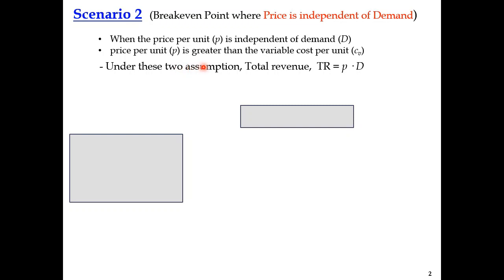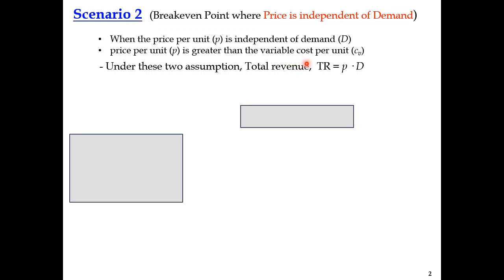And of course, in this case, if the price per unit is less than the variable cost, remember we have the fixed cost and the variable cost of the items, if the price is less than the variable cost, there is no way that you can make a profit.